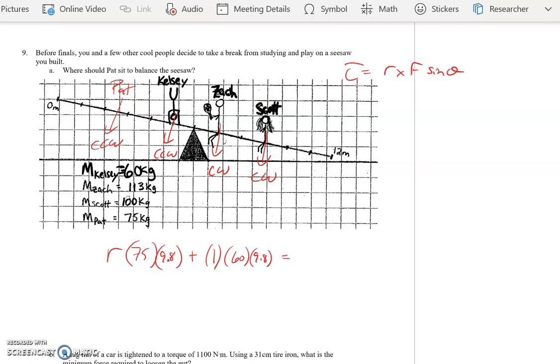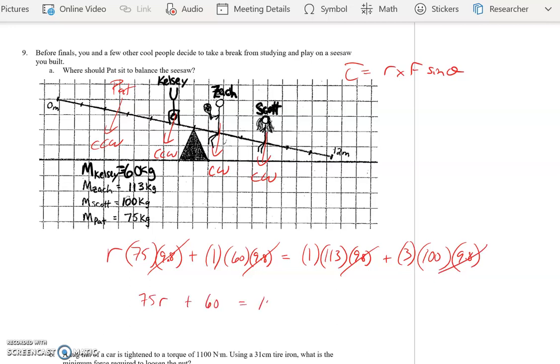Zach, his radius from the fulcrum is also 1 meter, mass 113 times 9.8 for a force, plus Scott. Scott is 3 meters from the fulcrum, mass 100, times 9.8. Now you can divide all terms by 9.8 since there's a 9.8 in all of them. So you've got 75R plus 60 equals 113 plus 300.